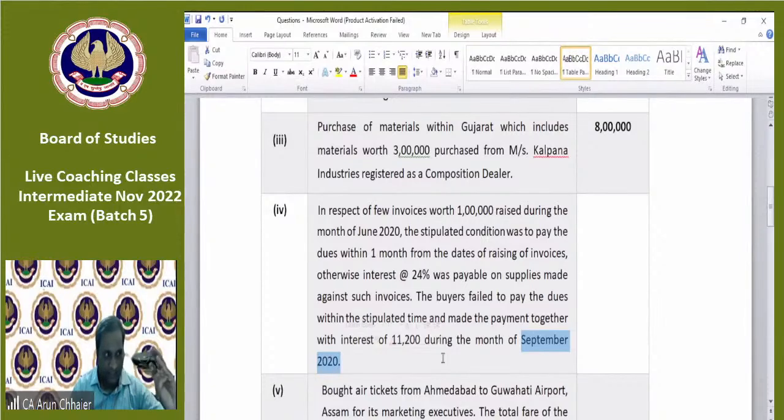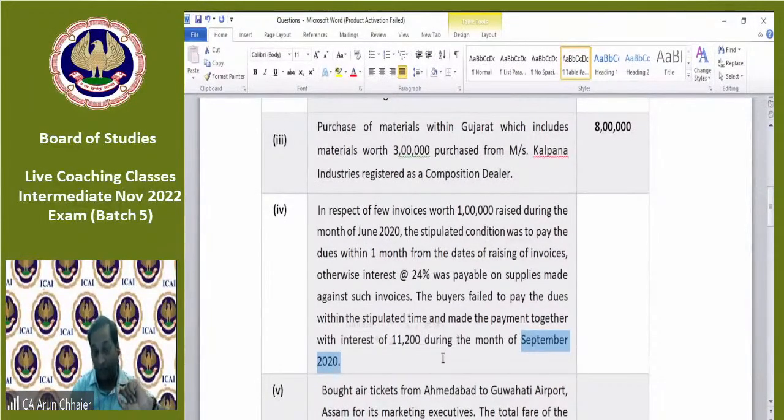This provision is related to time of supply and also to value of supply. And there is nothing to do with interest under section 50 subsection 1 or 50 subsection 3.